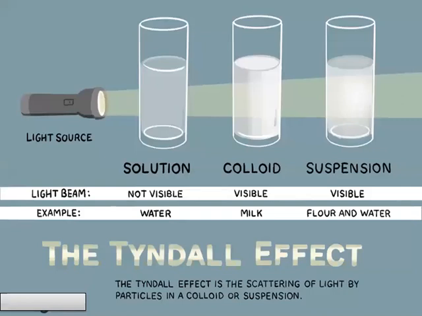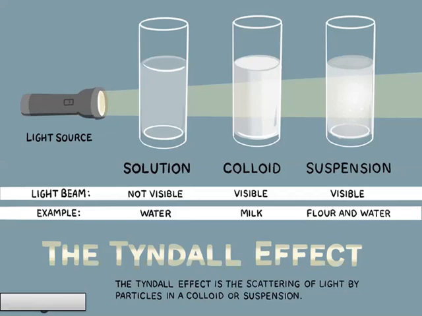But another property is also observed in these mixtures. Solution, colloid, and suspension, when they go through this effect, show a special scattering property of light. When a light source is kept in front of glasses containing solution, colloid, and suspension respectively, we see that the beam of light is not visible in solution.